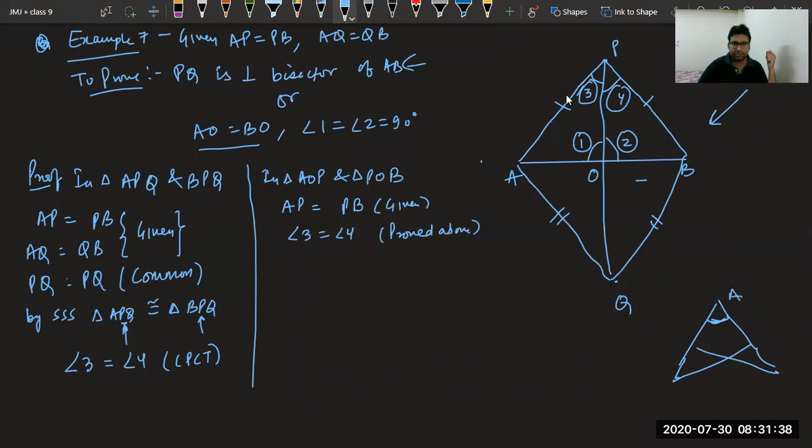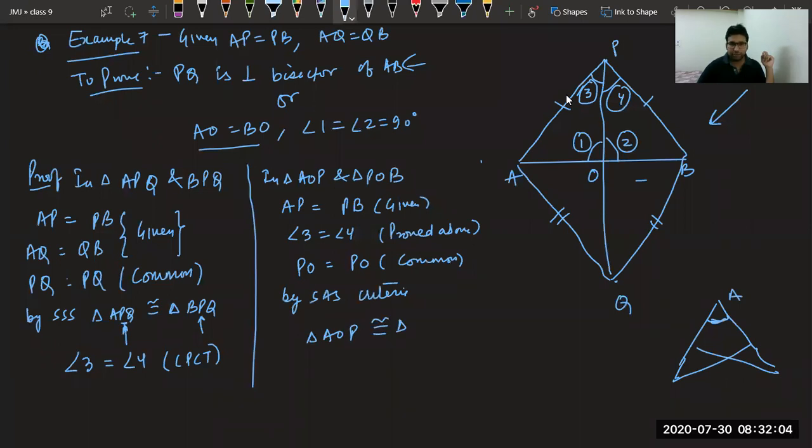And the third thing is the common side, PO equal to PO, common. Now, by side, angle, side, by SAS criteria, triangle AOP is congruent to triangle.